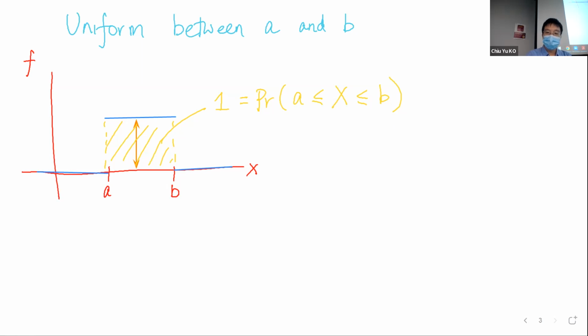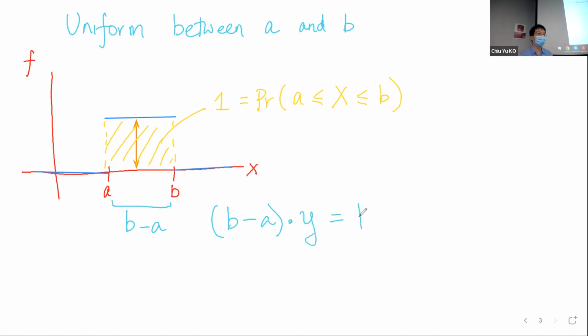Here the length of the base is B minus A. So B minus A times what equals 1? Let's call it Y, so B minus A times Y equals 1.